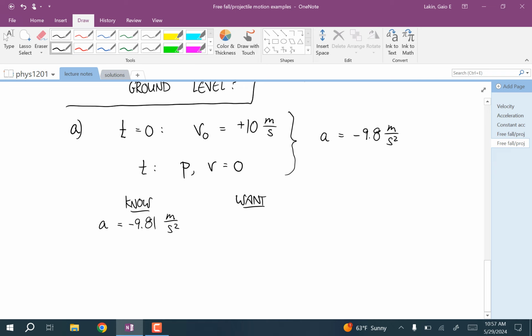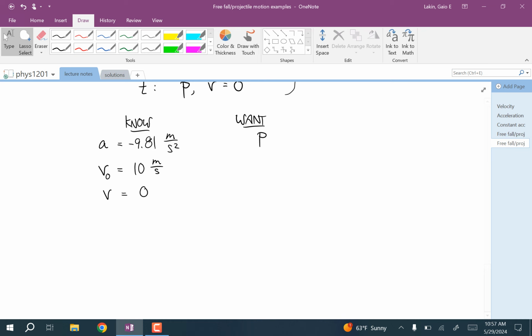We know that, well, we're trying to find the position. V sub 0, we know, is positive 10 meters per second. And V is 0.